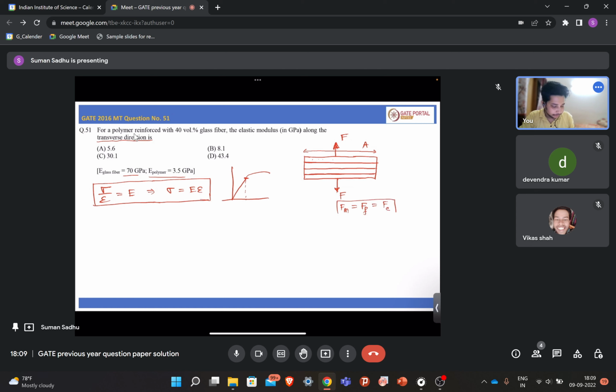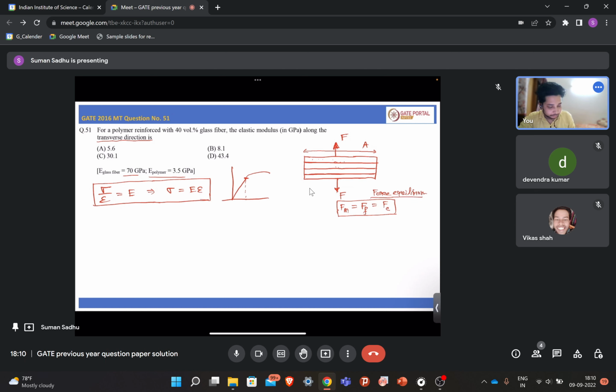Otherwise, what will happen if the forces are not equal? This area will break. So there should be a force equilibrium between the matrix and the fiber. From the force equilibrium, the force on the matrix is equal to the force on the fiber, and equal to the force on the composite.